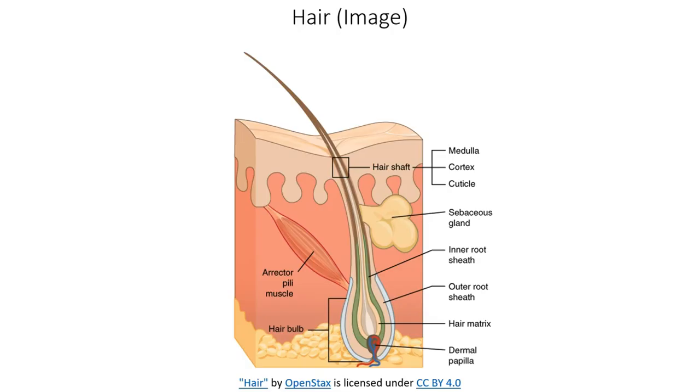All right. And so these can be depicted in some different cross sections, but important thing to note is that not all hair has a medullary layer. And so you can see that medulla is disappearing as that hair gets longer and longer.